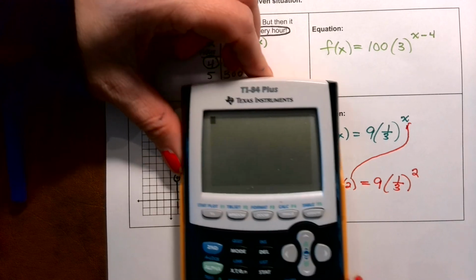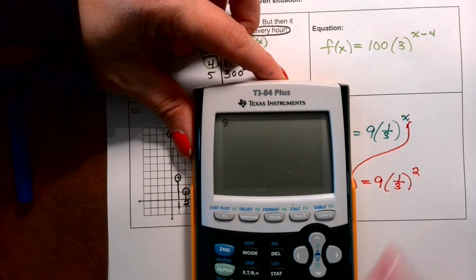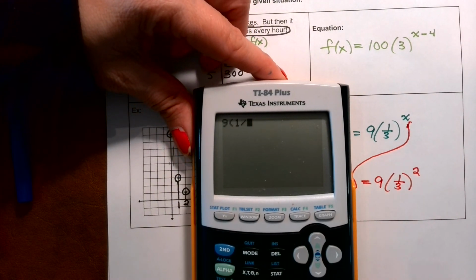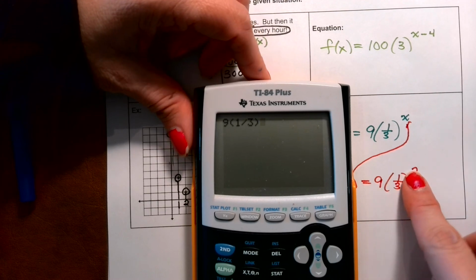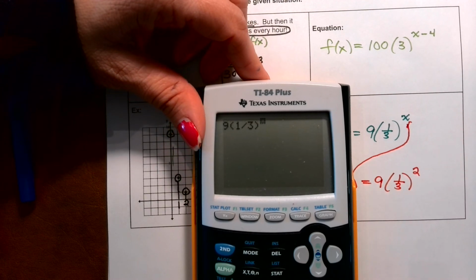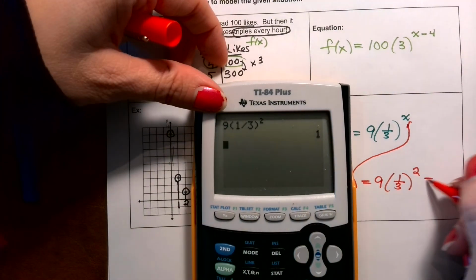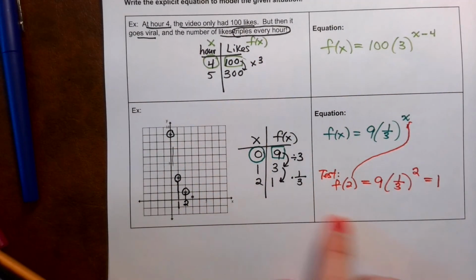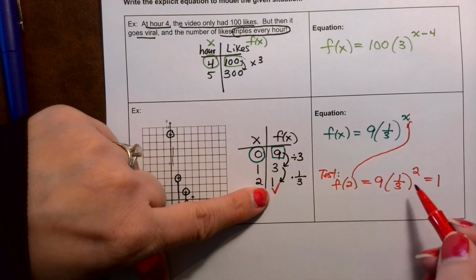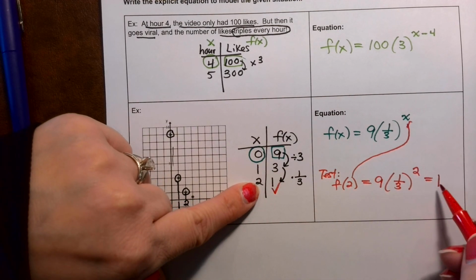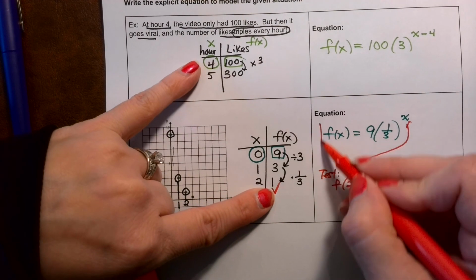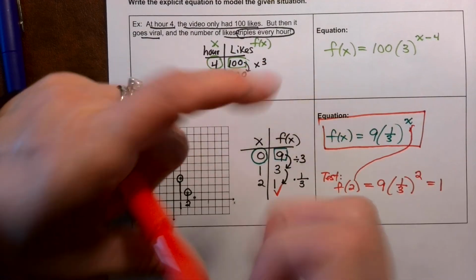So I'm going to do 9, parentheses, 1 divided by 3, to the power of 2. The calculator is telling me that this is equal to 1. And my table, yes, look at that. 2 is the input, gives us 1 as the output. This equation is correct. Good job.